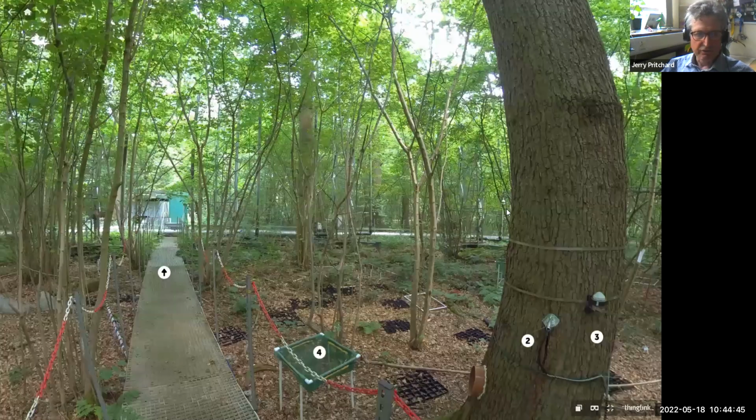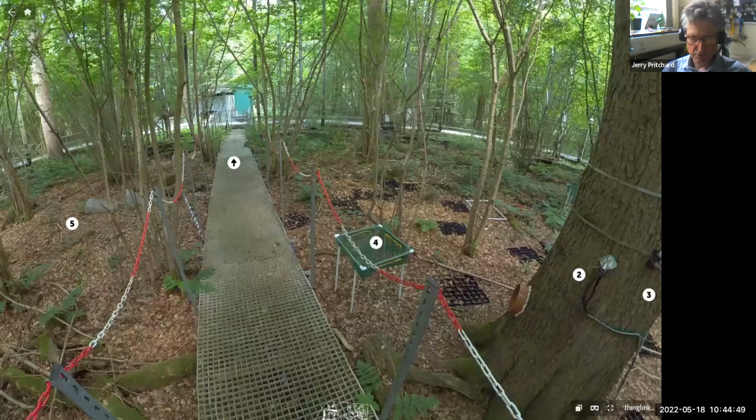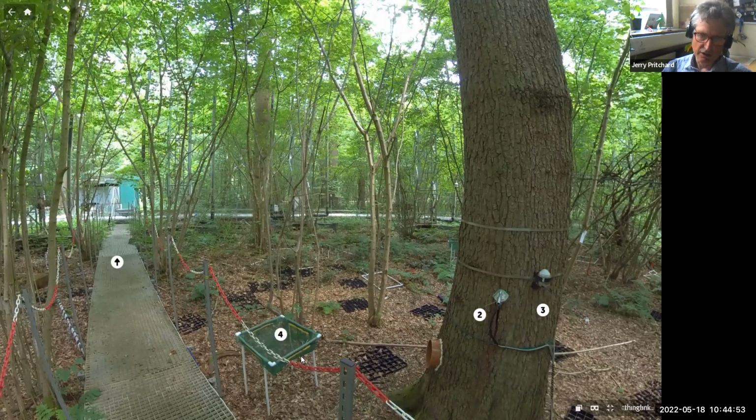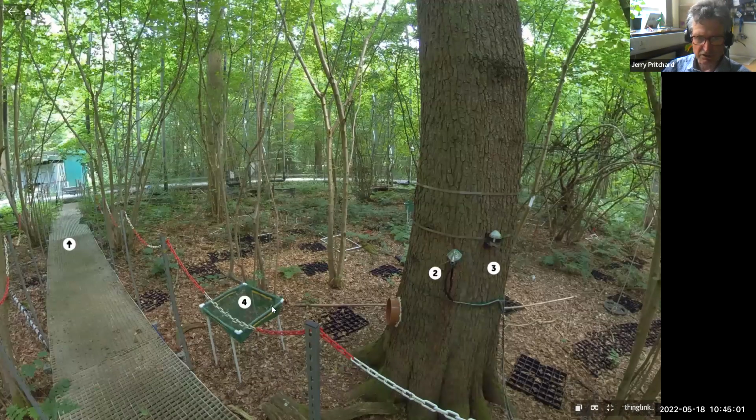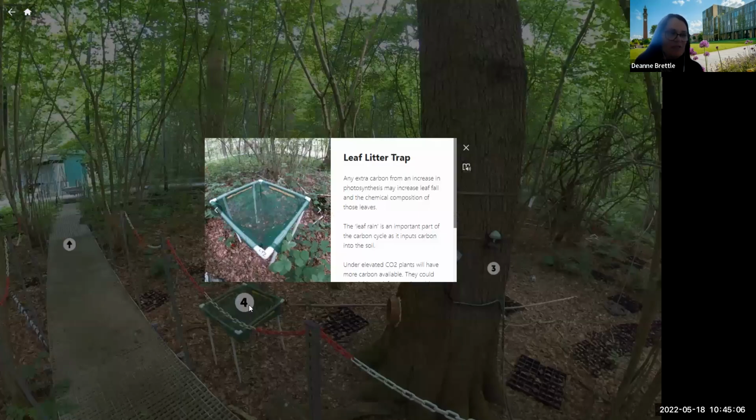I also mentioned leaf fall as the carbon rain, if you like, that deciduous trees are producing, and we capture the leaves in these leaf fall traps. Dee, you were reminding me yesterday of the scale of this and who has to deal with these things. Yeah, so there's 7 of those traps in each of the 9 arrays.